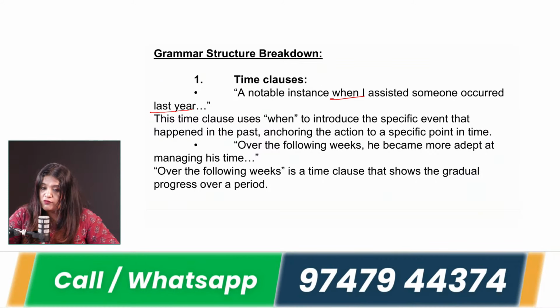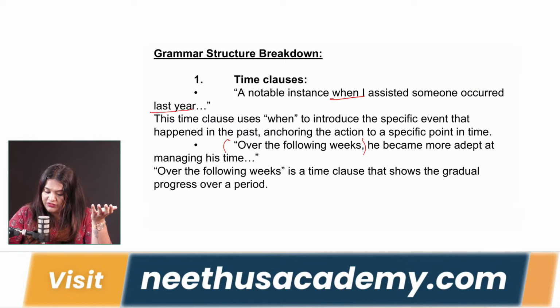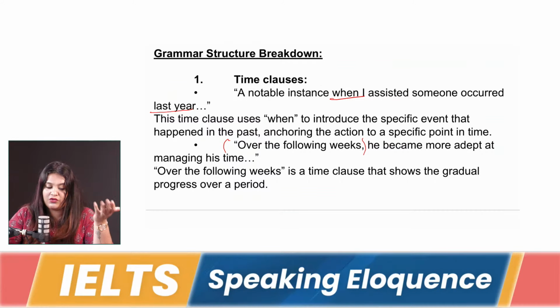Another one is "over the following weeks": "Over the following weeks, he became more adept at managing his time." Over the following weeks is a time clause that shows gradual progress over a period.